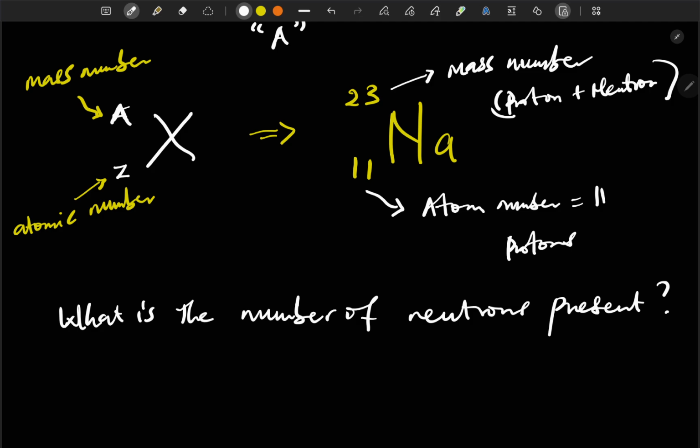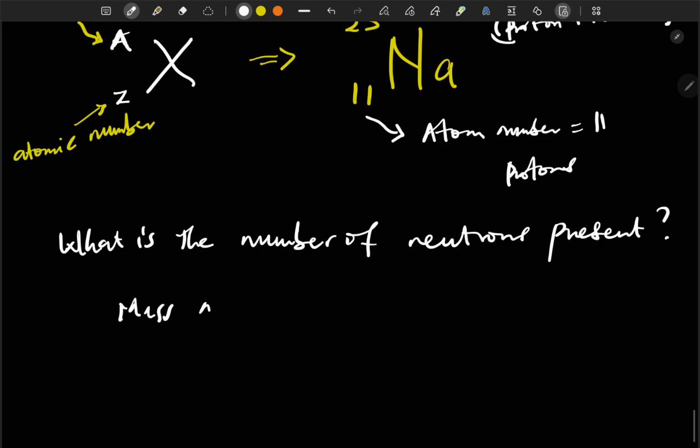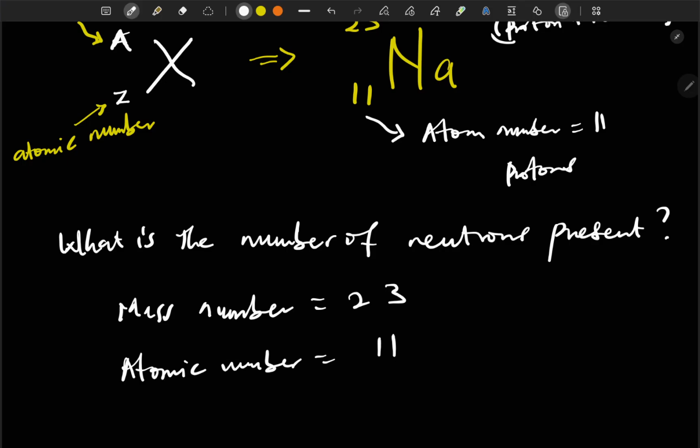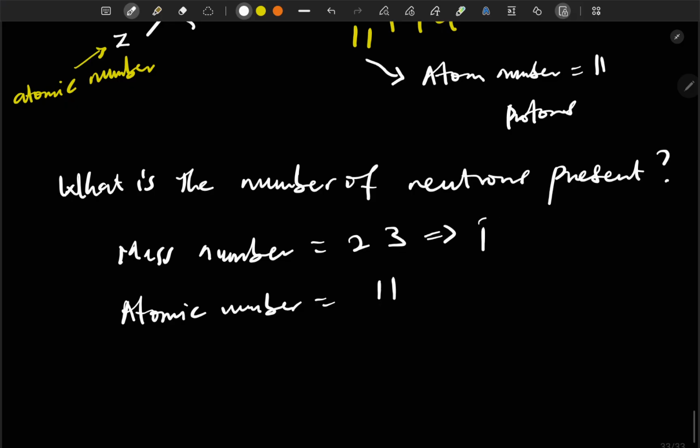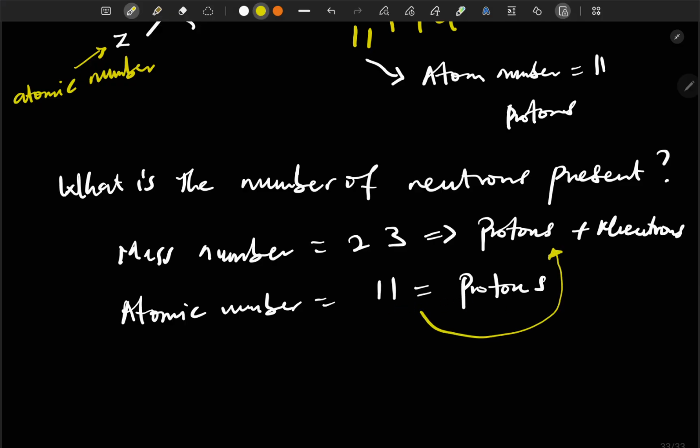It's very simple to know the number of neutrons present. We say that the mass number is the sum of protons and neutrons. So the mass number here is equal to 23, which is the sum of protons and neutrons, and the atomic number is equal to 11. Remember that this is protons plus neutrons, while atomic number is just protons. So to know the number of neutrons, we can just substitute 11, which is the number of protons, into this equation.